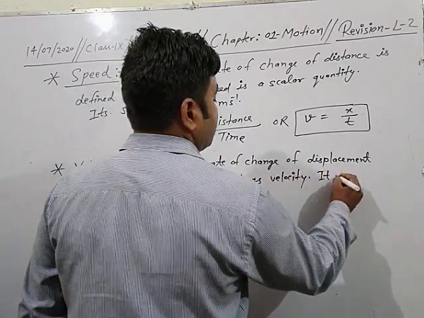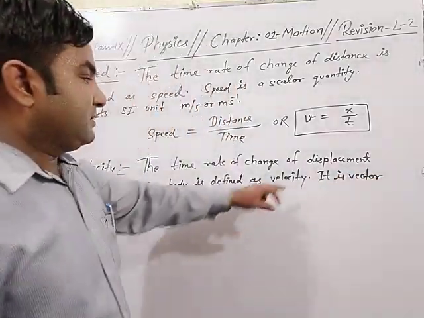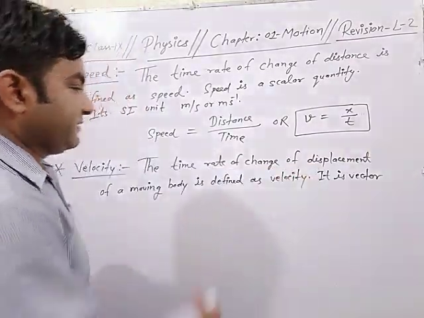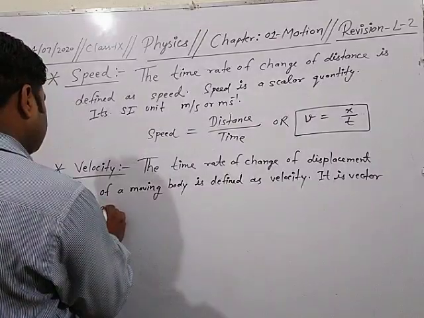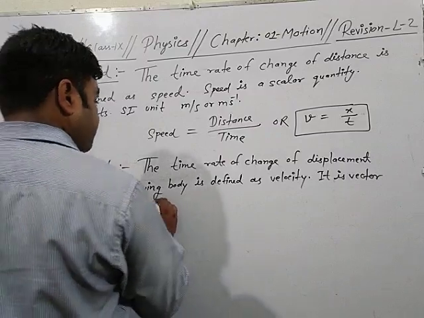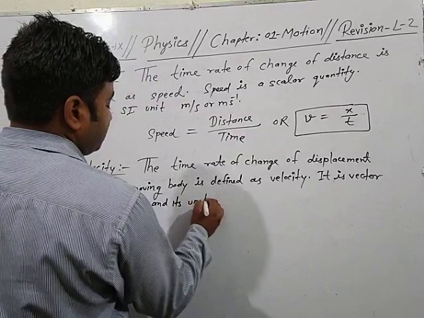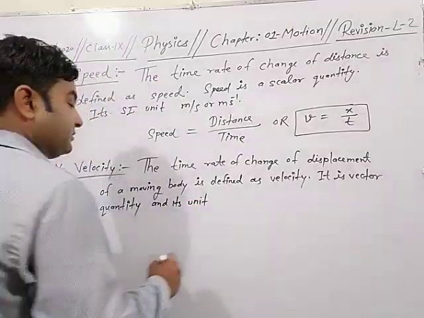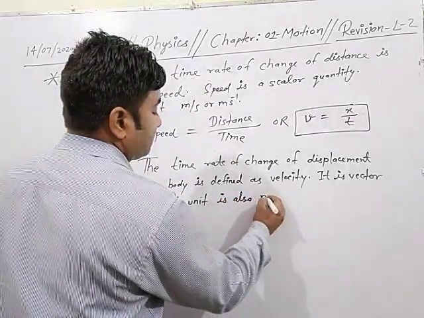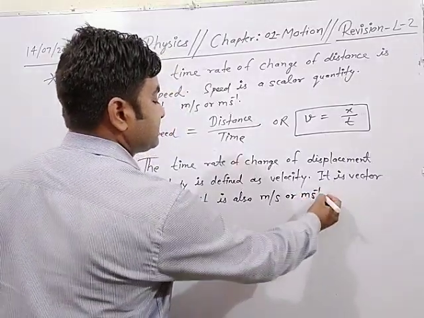It is a vector quantity. Why vector? Because displacement, which is used in the definition of velocity, is a vector. So it is a vector quantity, and its SI unit is also meter per second or meter second power minus 1.